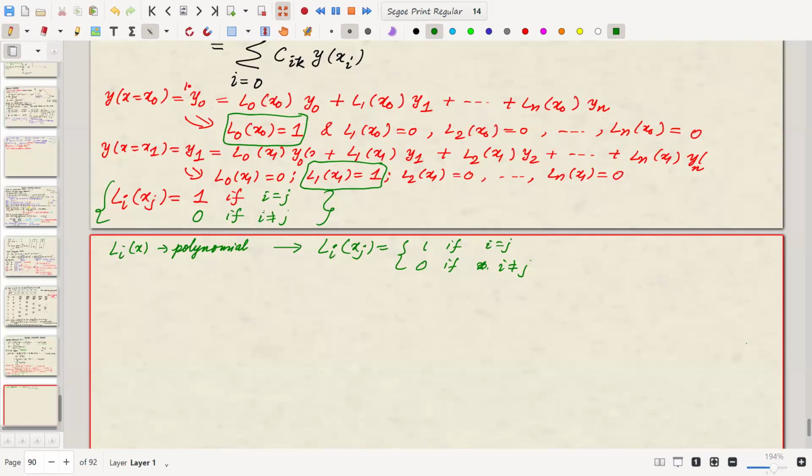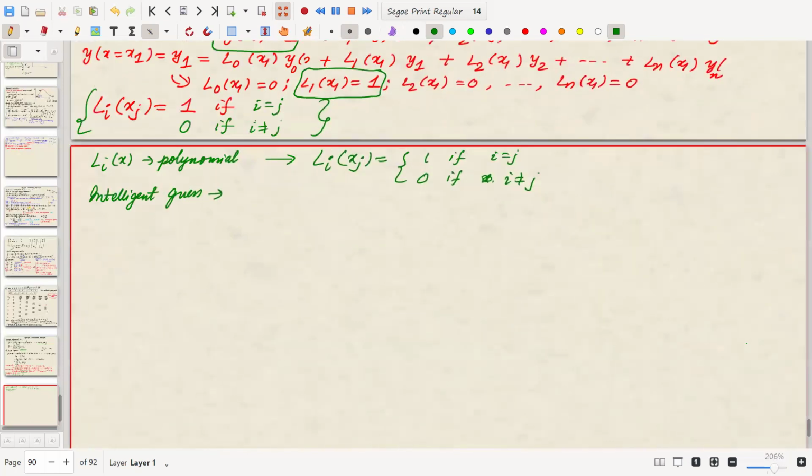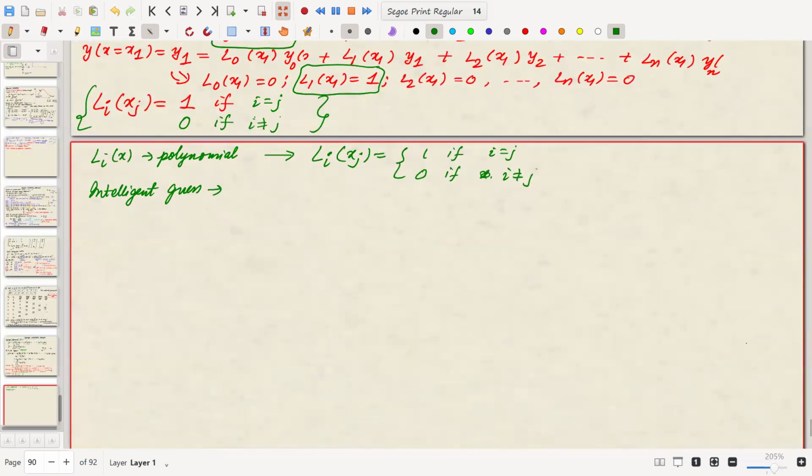Since Li at some nodal points that you have given in your data set is equal to 1, you can think of this as an intelligent guess: how about we write Li of x as a product of x minus xi's, like x minus x naught, x minus x1, x minus x3, and so on.